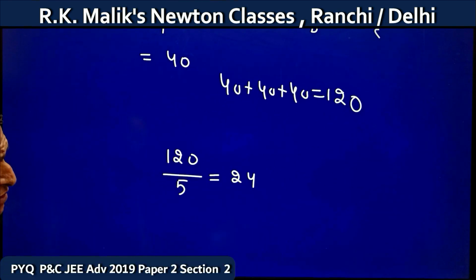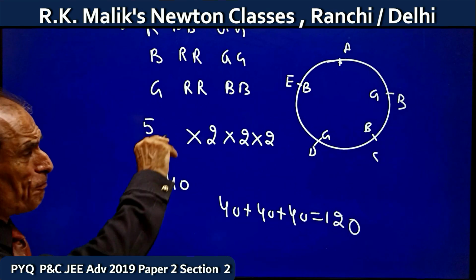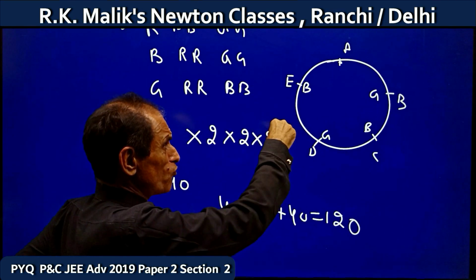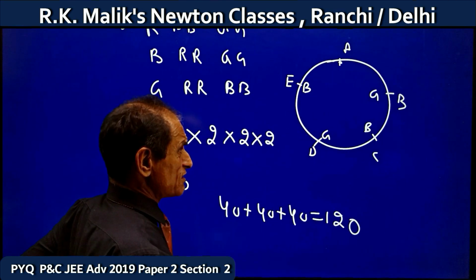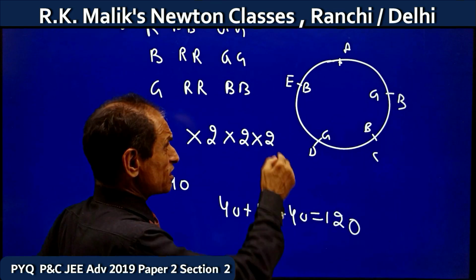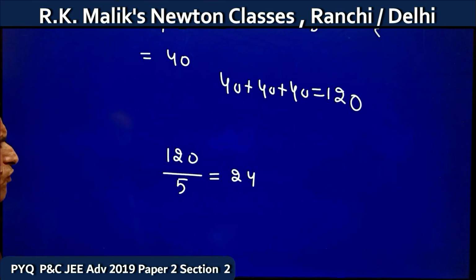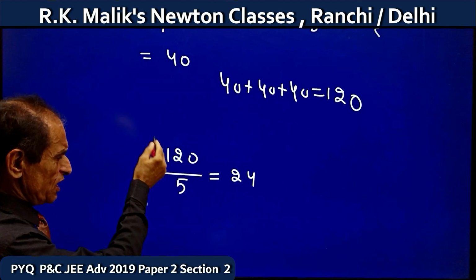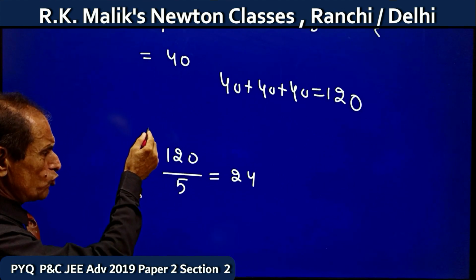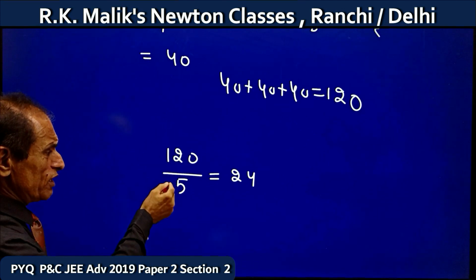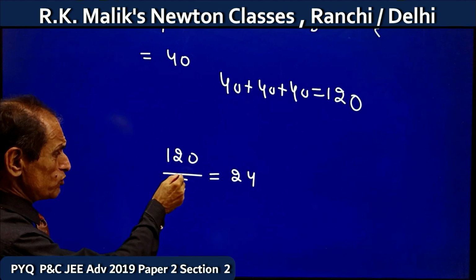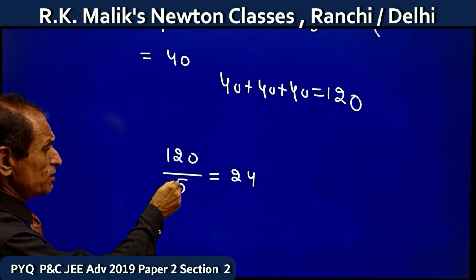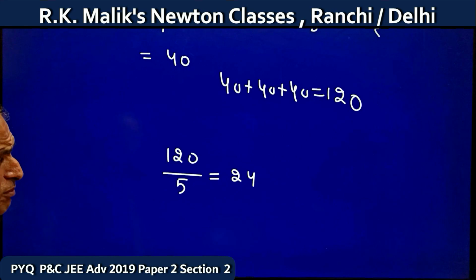That is 24 cases will be there when the persons are not there and we have to arrange these hats around a circle, other conditions same. Why have I divided by 5? Keeping the theory I told you in the very beginning in mind, it is not difficult to judge why I have divided by 5, and the answer will be 24.